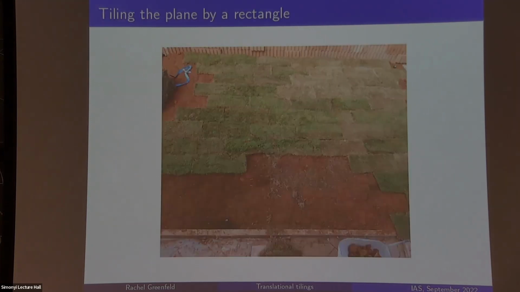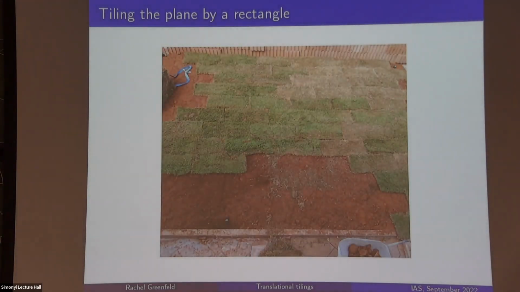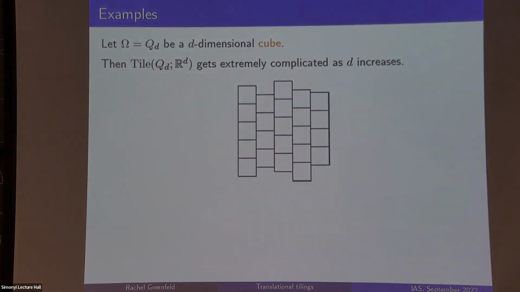However, when I wanted to tile my backyard with a rectangle, this was no longer the case, because I had the freedom to shift the rows independently. And more generally, I can consider cube tilings in all dimensions. Cube tilings one might consider as trivial, or naive, translational tilings.